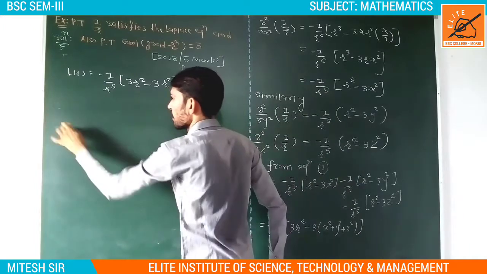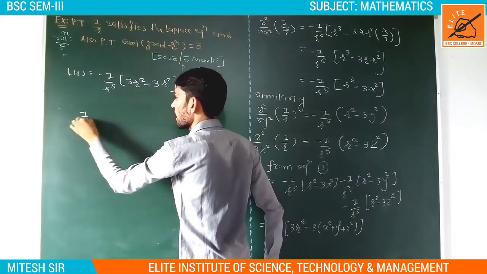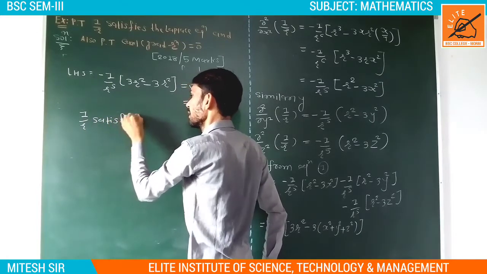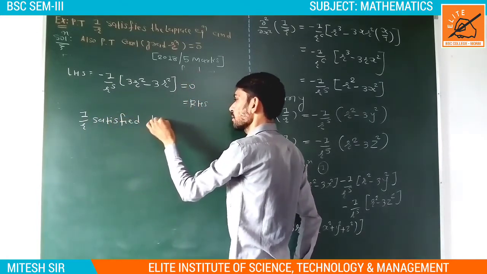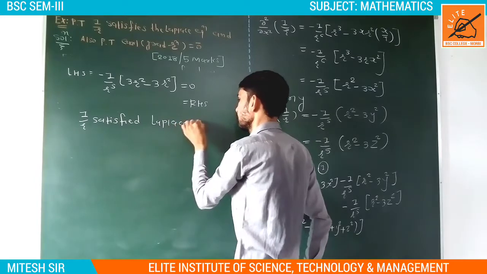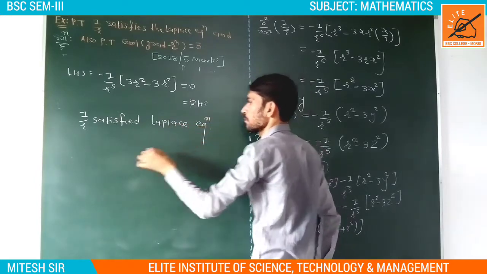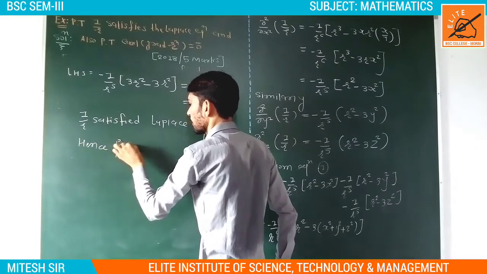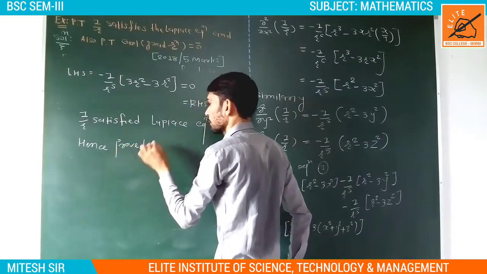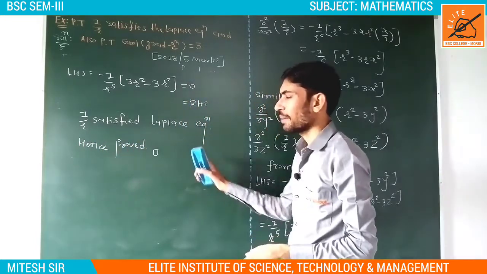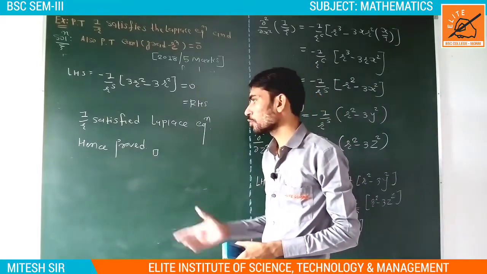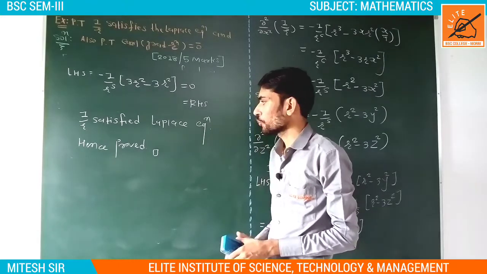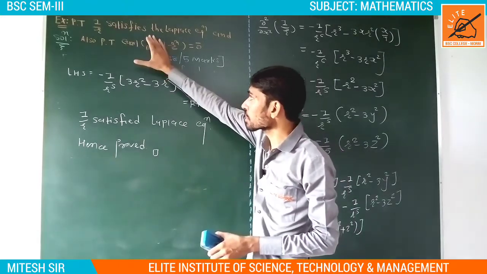So 1/r satisfies the Laplace equation, hence proved. So friends, 1/r satisfies the Laplace equation because we proved nabla square of 1/r is equal to 0. So this is the solution of our first example.